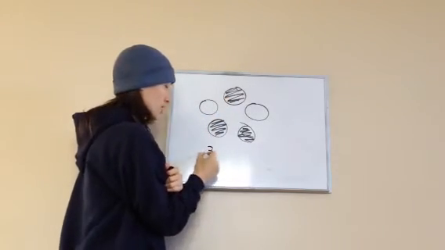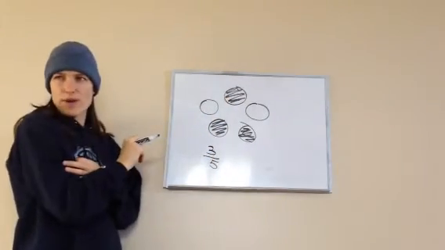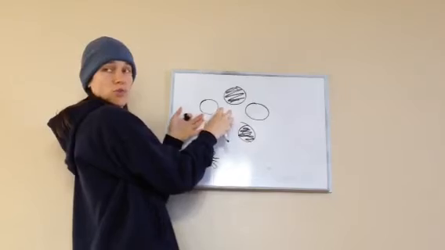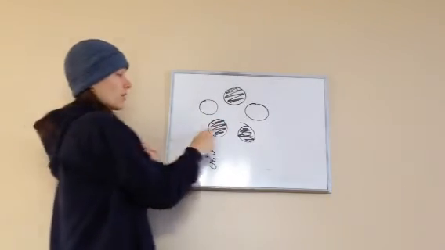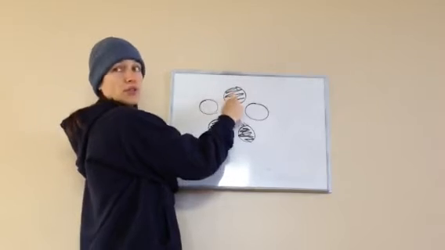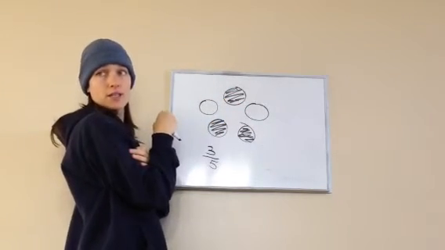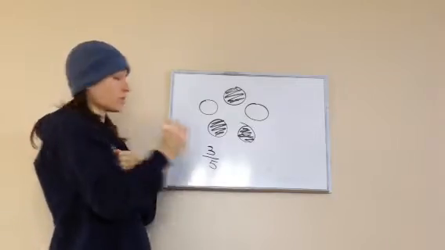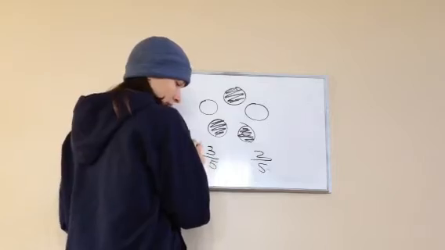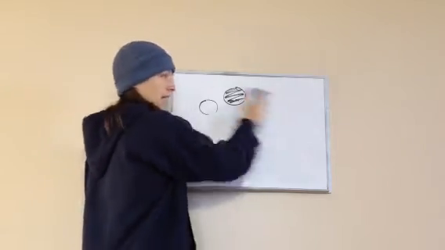Very good. That's a weird way to look at it because you're usually just working with one picture, but this one actually has many. There were 3 filled out of 5, right? How many are not shaded? 2/5. That's something you may see added on to this kind of new learning.